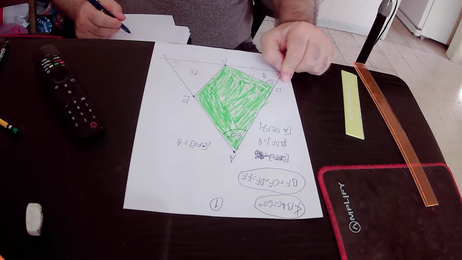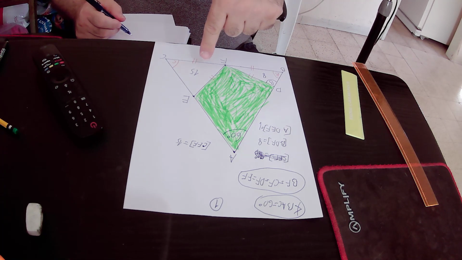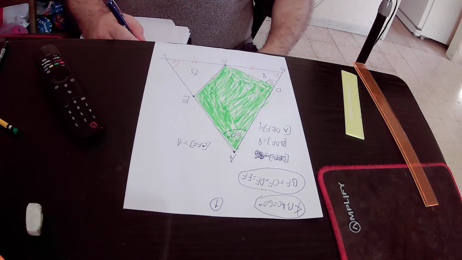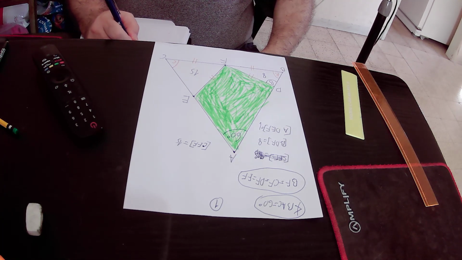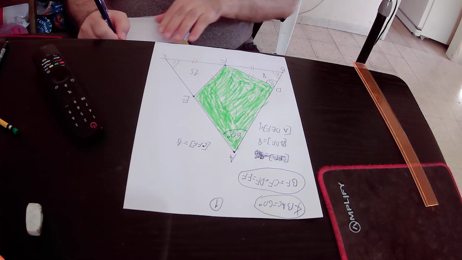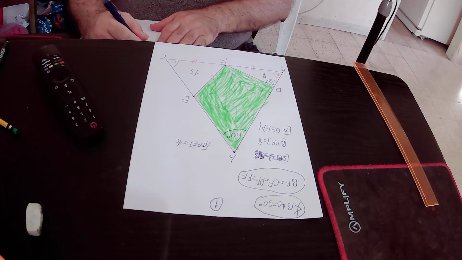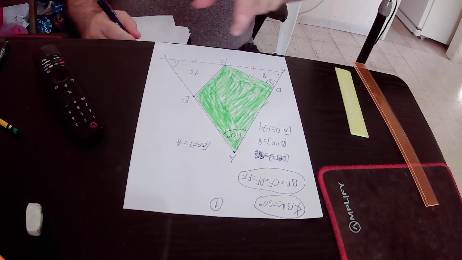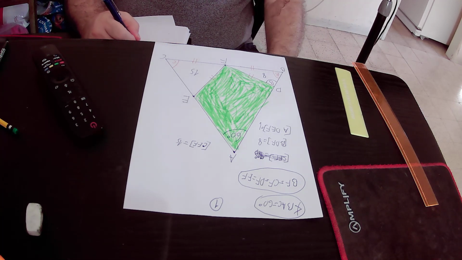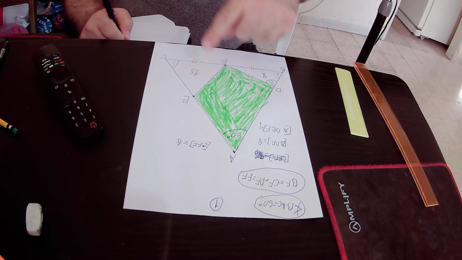Okay, and then we will focus on triangle FEC. In triangle FEC, we know that FC equals EF.